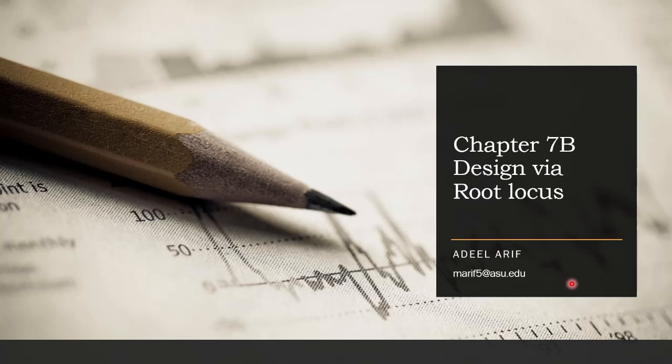So, in the last lecture, we have already discussed the fundamentals of root locus. What is a root locus, and what are the methods by which you can draw root locus by various techniques? And then we moved toward one of the techniques or approaches that can be used to find the root locus of a control system, which was root locus by sketching.